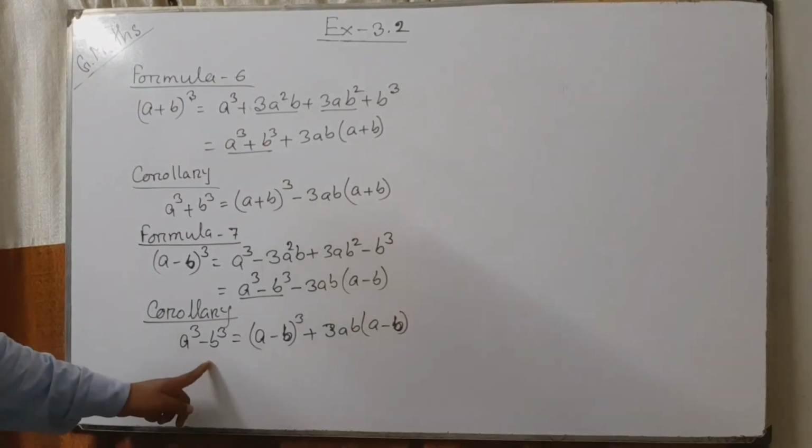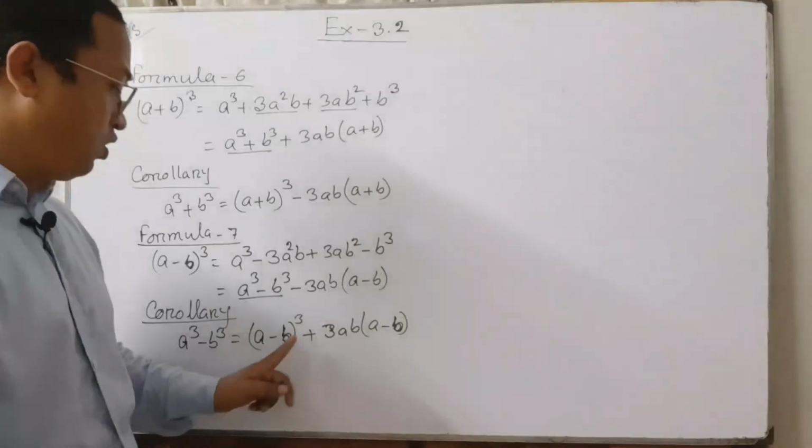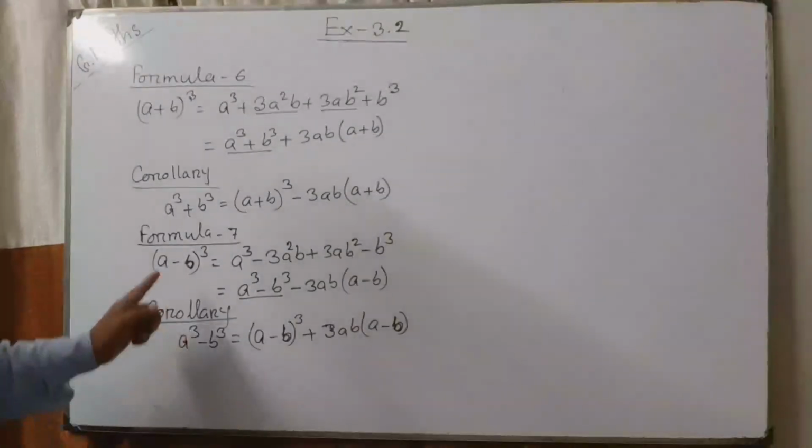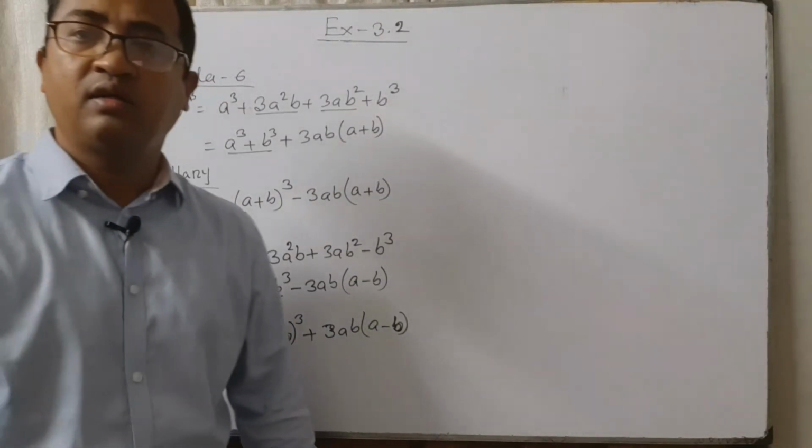So a cube minus b cube equal to a minus b whole cube plus 3ab into a minus b. This is the corollary we get from formula number 7.